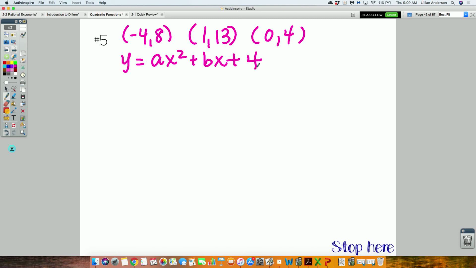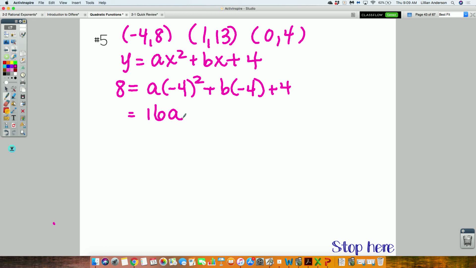Okay? So when we do that, we'll get 8 equals a times -4 squared plus b times -4 plus 4. When I simplify this, negative 4 squared becomes 16, so this becomes 16a. This next term becomes minus 4b, and then you have the plus 4 on the end.